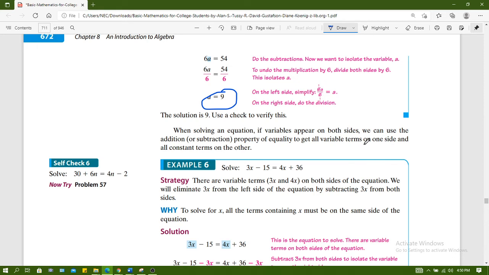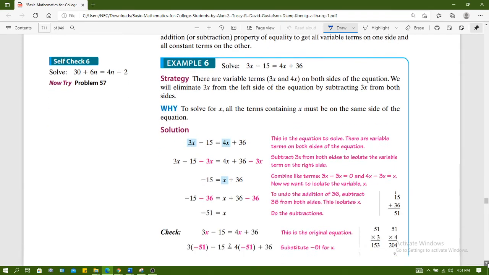So if the variables are on each side of the equation, you still use the properties of equality in order to combine them on one side. If there is an a on the left side or on the other side, do the properties of equality, and then proceed on simplifying your equation.